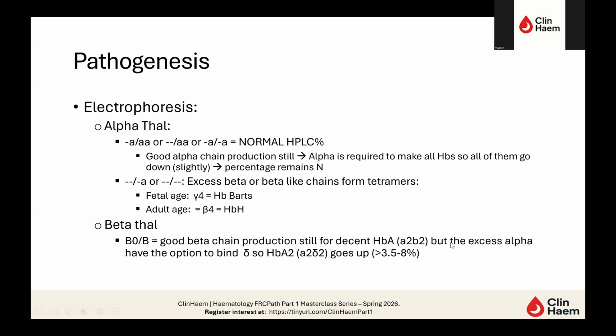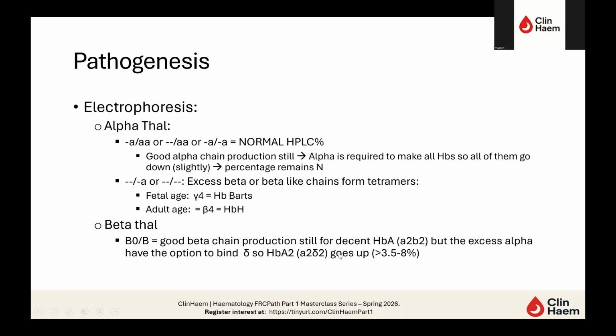But still there would be a little bit of excess of alpha chains, and alpha chains have got the option, as you remember, in adults to bind either beta to make HbA or delta to make HbA2. So this little bit of excess will bind delta to make HbA2 in more amounts than normal. So the HbA2 goes above 3.5%, but only up to 8% in a beta-thalassemia carrier.